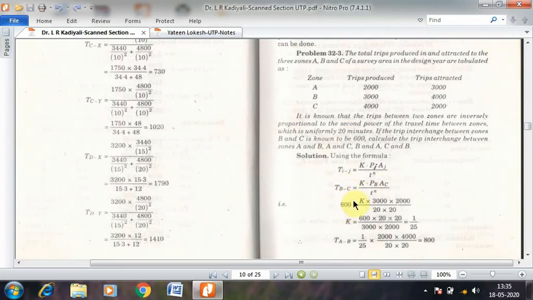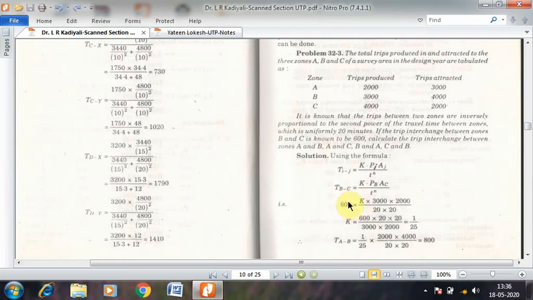Substituted here, the only thing that is unknown is this k. If you remember, k is the constant which is independent of the movements happening between the considered zones. So this constant or multiplication factor needs to be determined.